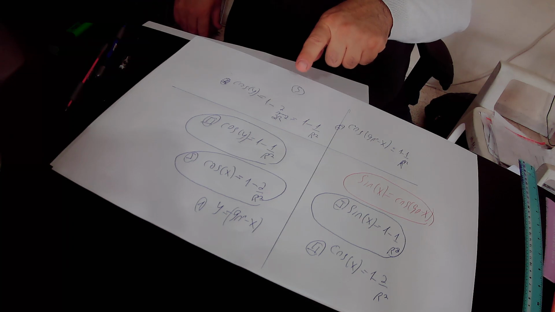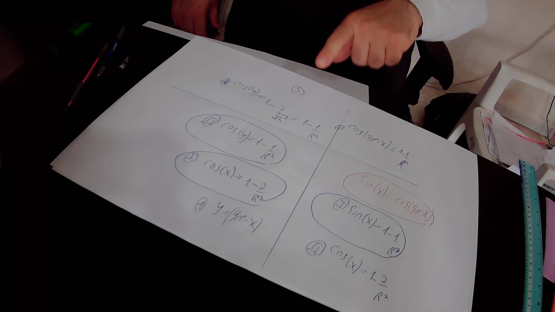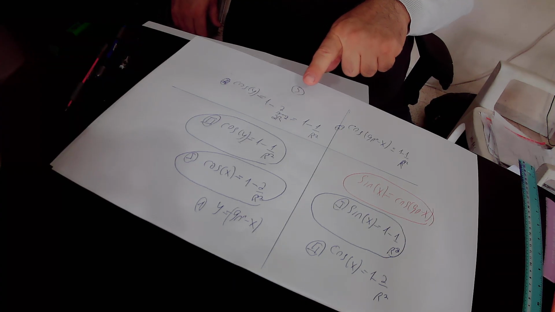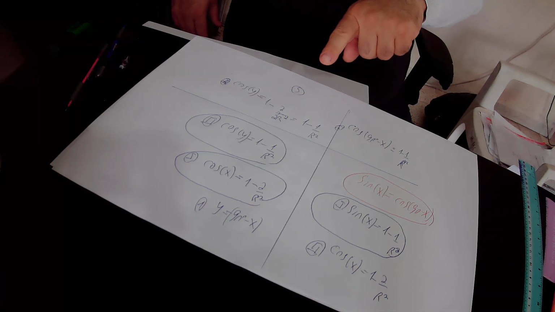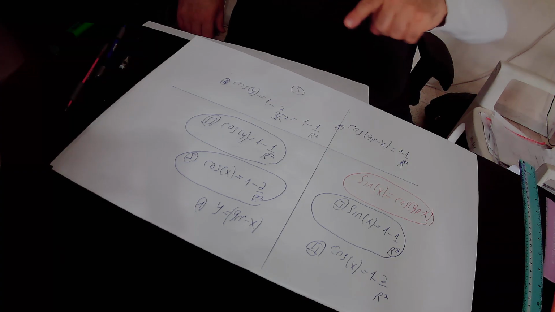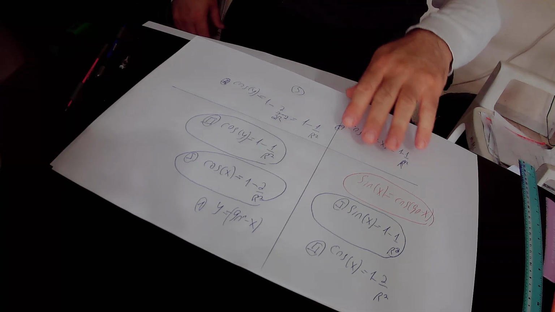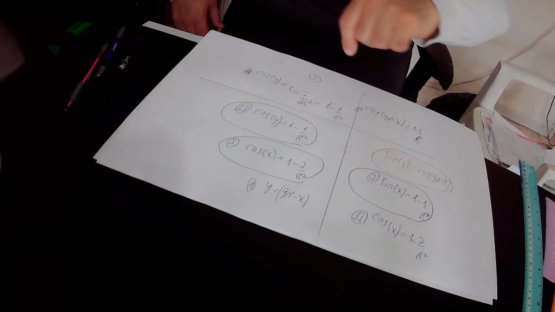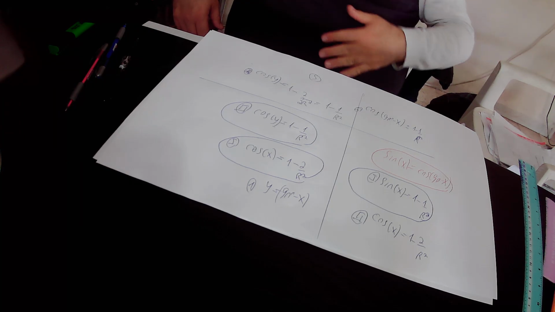Here we divided both the numerator and the denominator of this expression by 2. 2 over 2 is 1, and 2r squared over 2 is r squared. So in conclusion, we found that cosine y equals 1 minus 1 over r squared, while cosine x equals 1 minus 2 over r squared.